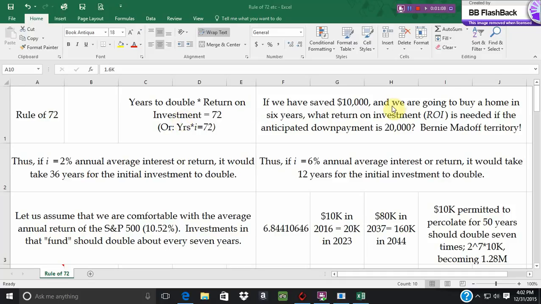How quickly can I expect that to happen? And what is my investment rate that I might expect to get on my investment?